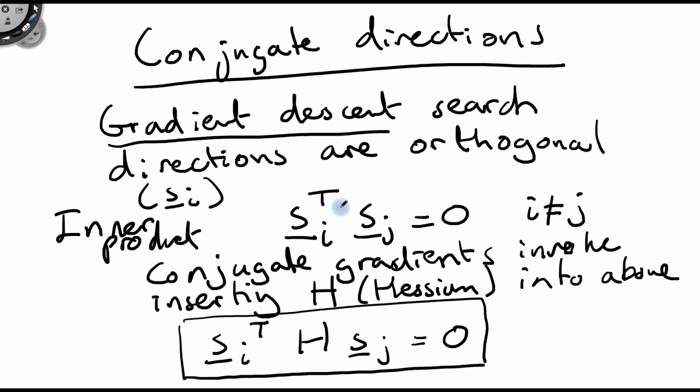So rather than being restricted now to orthogonality, we've got a modification where the directions are conjugate to one another. So Si and Sj are conjugate. There's a little bit in the notes showing that you can reverse the i and j indices if you want, because H is a symmetric matrix. I'll just leave that as background information if you want to look at that.